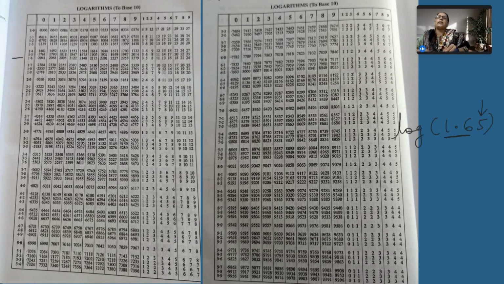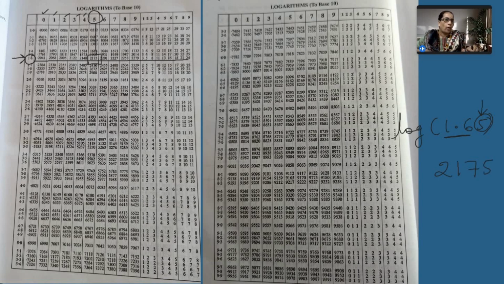I'm putting the arrow on the first page where we have 1.6. Along this row, we have to search for the number in the fifth column. So we have 0, 1, 2, 3, 4, fifth column. From the fifth column, we have to come down. At this junction, we have a number 2175.